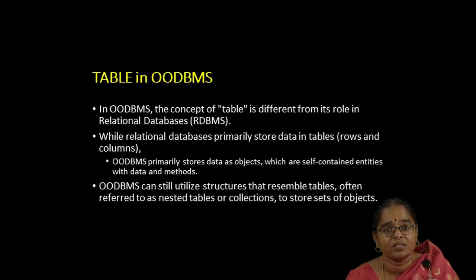These are the advantages of OODBMS. And the table in OODBMS. In a relational database management system, the data is stored in the form of tables. That is, a table is nothing but a combination of rows and columns. But in OODBMS, the entire data is stored in the form of objects, that is a structured approach.